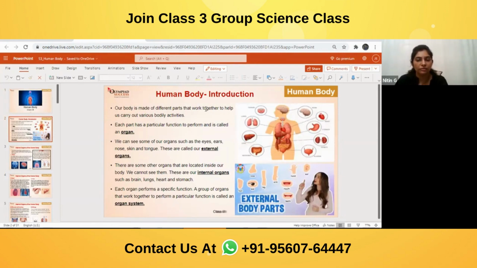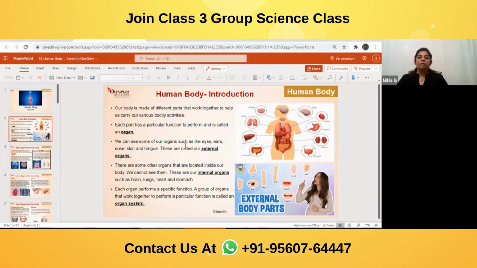Our body is made up of different parts which work together to help us carry out various body activities. Each part has a particular function to perform. We all know that every organ in our body has a different function, like the heart performs a different function, the liver performs a different function, kidneys perform a different function. So they are known as organs.